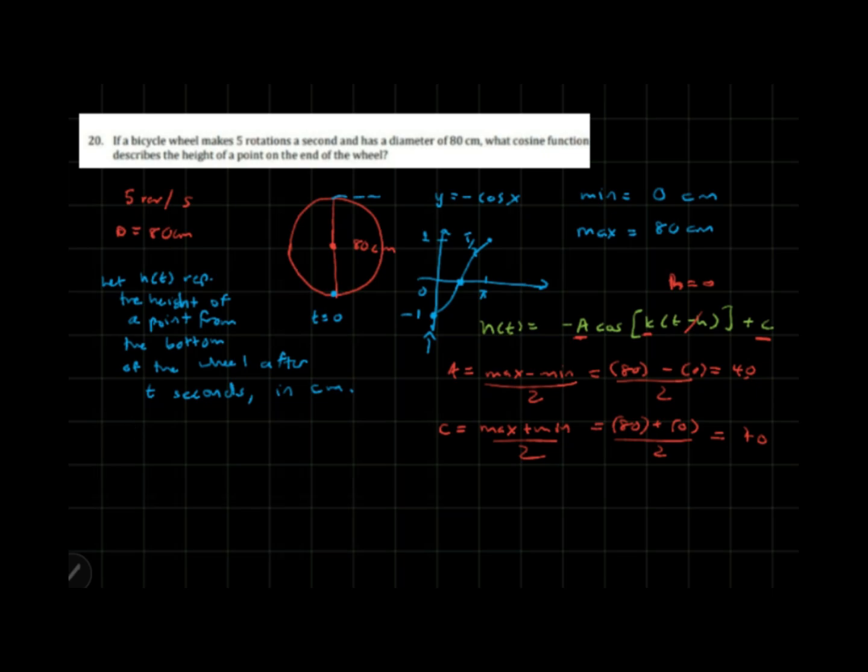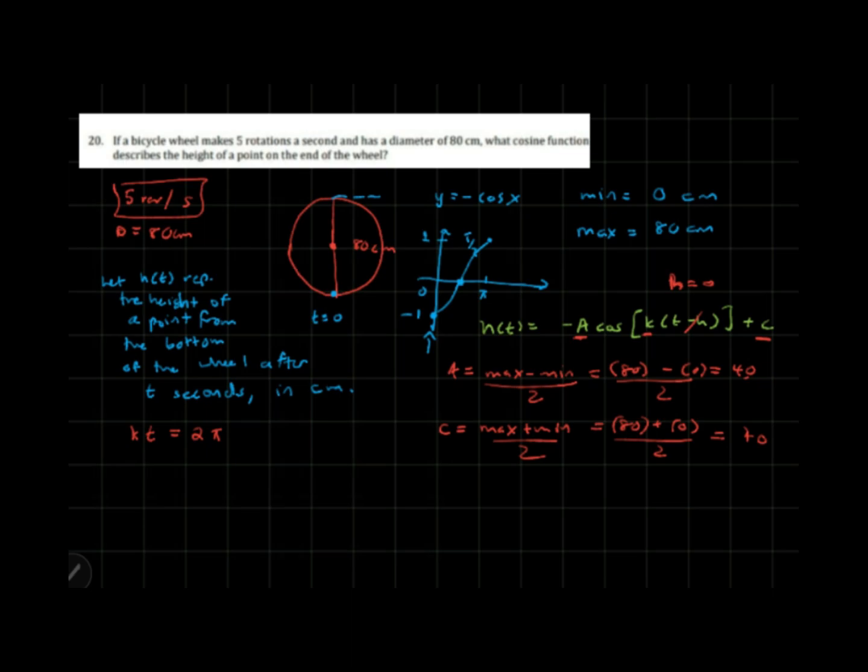K is the frequency, k times the period, so kt is equal to 2 pi radians, right? K is the number of revolutions that occur in a 2 pi stretch, which is basically 1 revolution. We're told that the speed of the wheel is 5 revolutions a second, right?